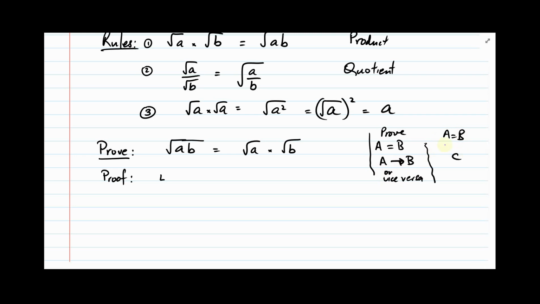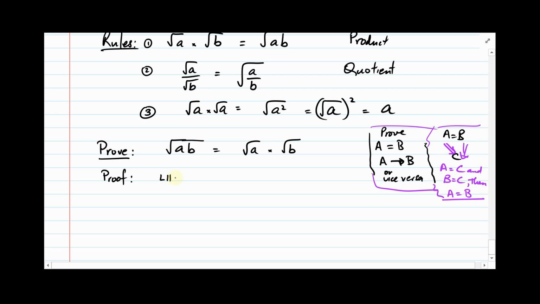So instead, we could prove that A is equal to C, and likewise B is equal to C, and therefore we can conclude that if A equals C and B equals C, then by something like a substitution, A must be equal to B. So these are the two methods of proof that we will start out with. There's another method, but we're not going to be focusing on that at this time.